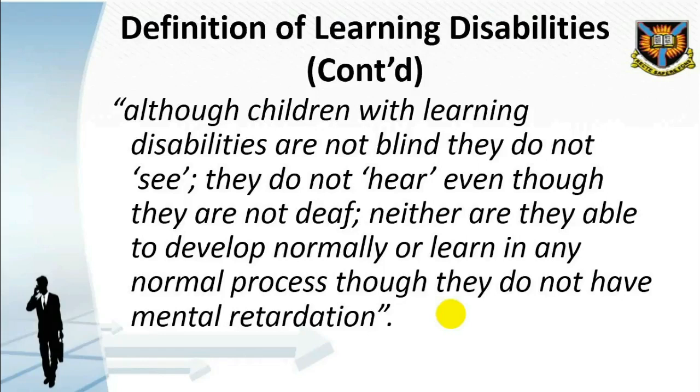Even though a learning disability may occur concomitantly with other handicapping conditions, for example, sensory impairment, mental retardation, social and emotional disturbance, or environmental influences such as cultural differences, insufficient or inappropriate instruction, psychogenic factors, it is not the result of those conditions or influences.